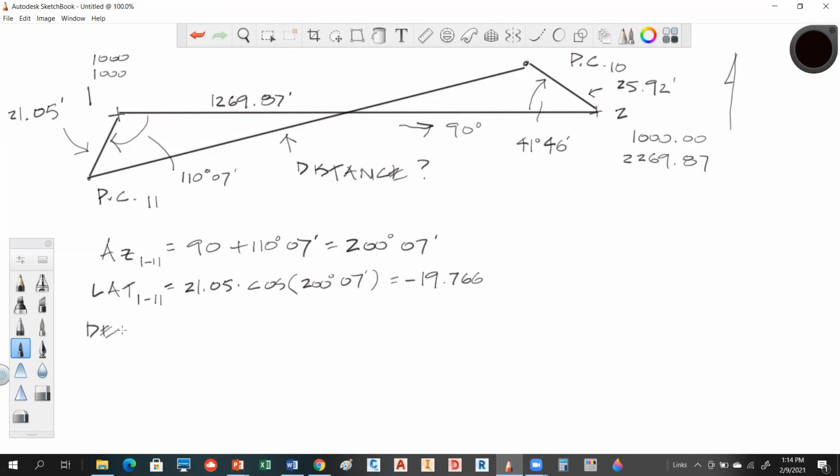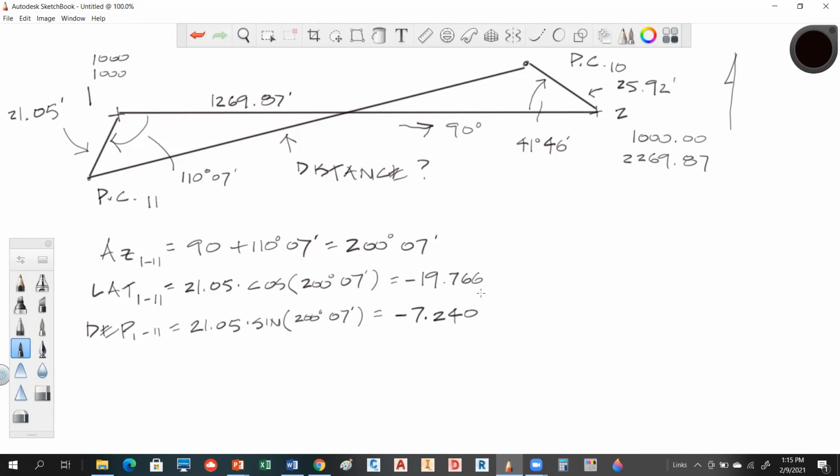Departure, 21.05 times the sine of the same azimuth. And that one, I believe, is also going to be negative. If I round that to 3, that's what I'm getting. Anybody agree with those numbers?